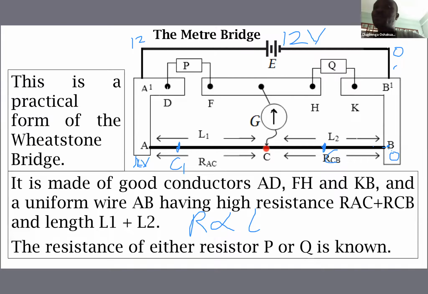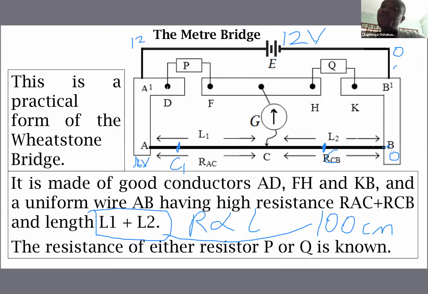This time, not the Wheatstone bridge, but the meter bridge. We should always remember that the longer the wire, the larger the resistance. And the length of the wire in this scenario, L1 plus L2, will always give us 100 centimeters. That means when we know L1, 100 minus L1 will give us L2.